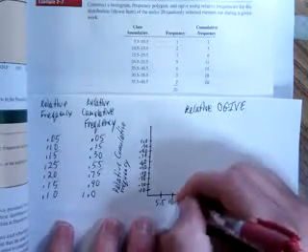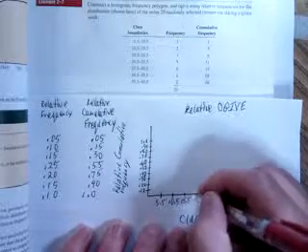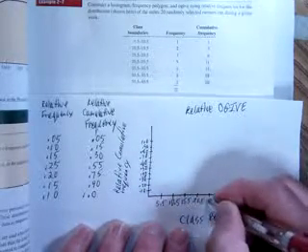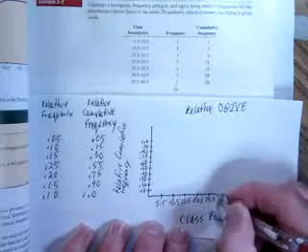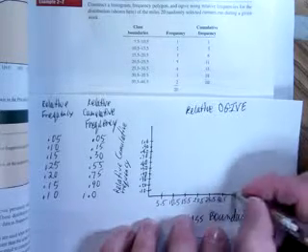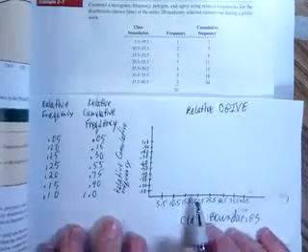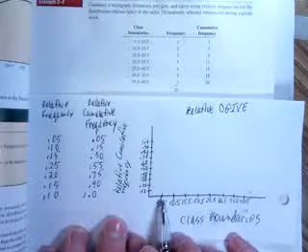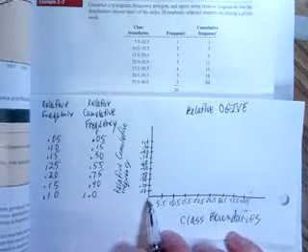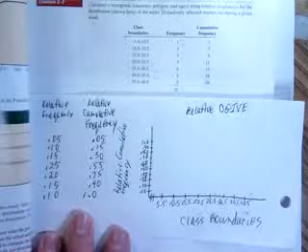So, since our vertical axis is going to be relative cumulative frequency, we need to have a scale that will accommodate 0 to 1. So if you want to go by tenths, you can go by tenths.